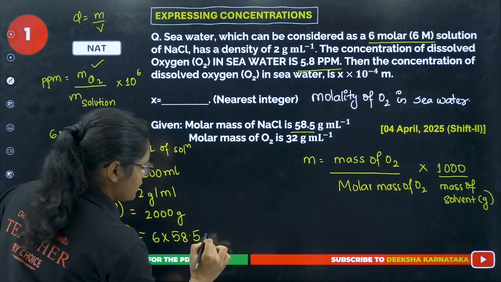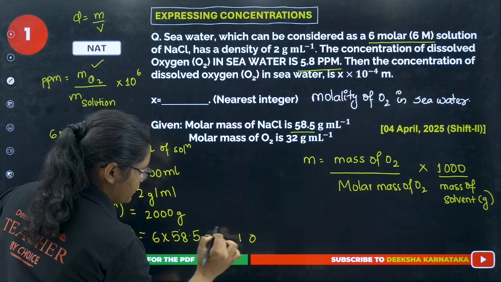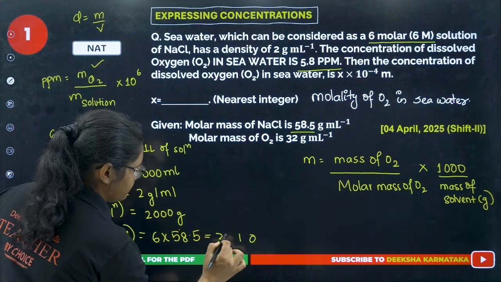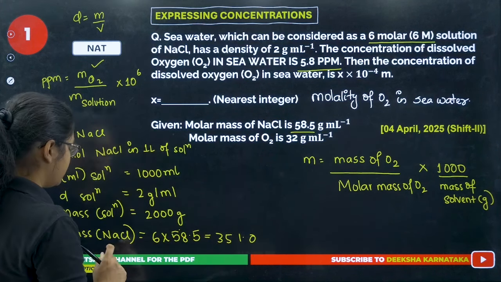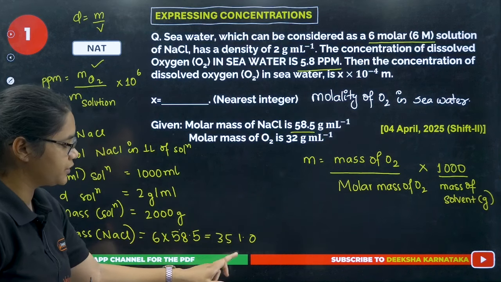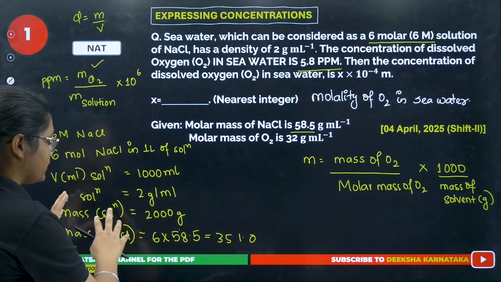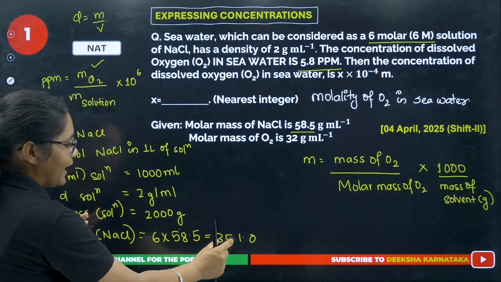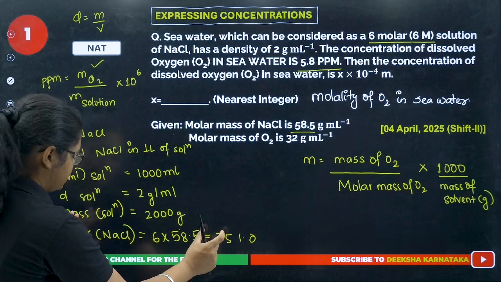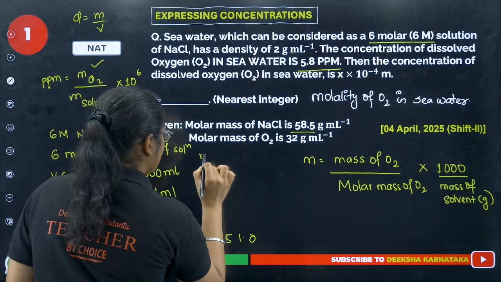If I solve this, I will get 6 5s are 30, 6 8s are 48 plus 3, 351. So in the total solution of 2000 gram, mass of NaCl is 351. Then from here can I calculate mass of the solvent?